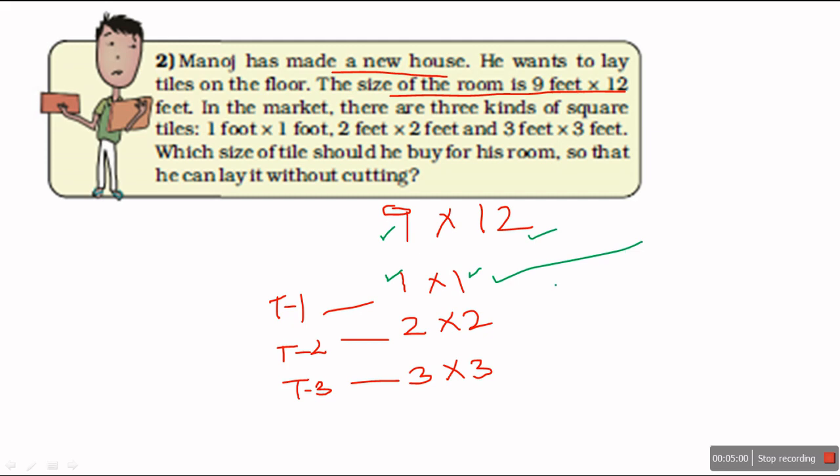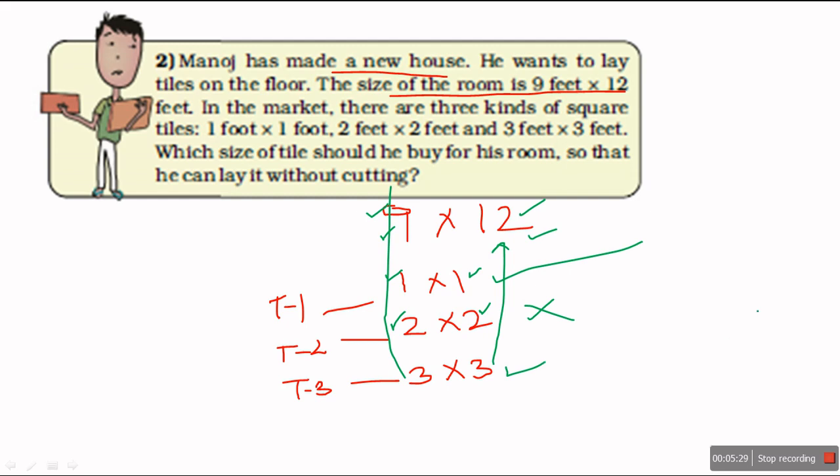Second, 2 is not a factor of 9. So this tile cannot be used in his room without cutting it. Now 3 threes are 9, so 3 is a factor of 9. 3 fours are 12, 3 is a factor of 12, which means this tile can also be used in his room without cutting.